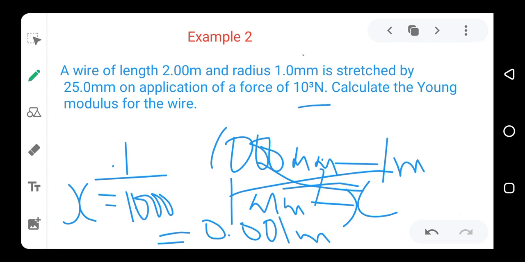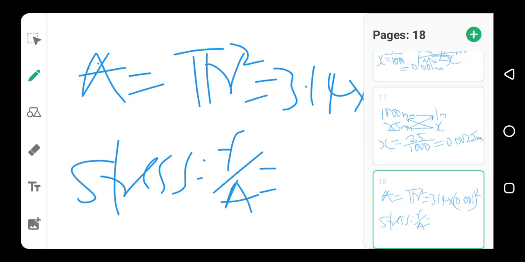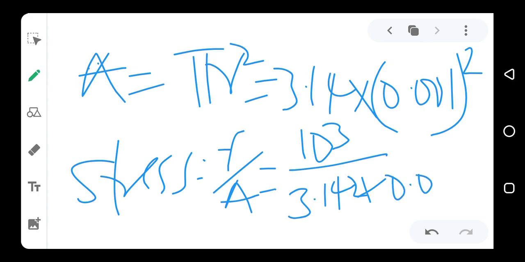So we put it there and put the area. Okay, so this is what we have as the area, and the other one as the force. So with this, we are getting the stress of the material.